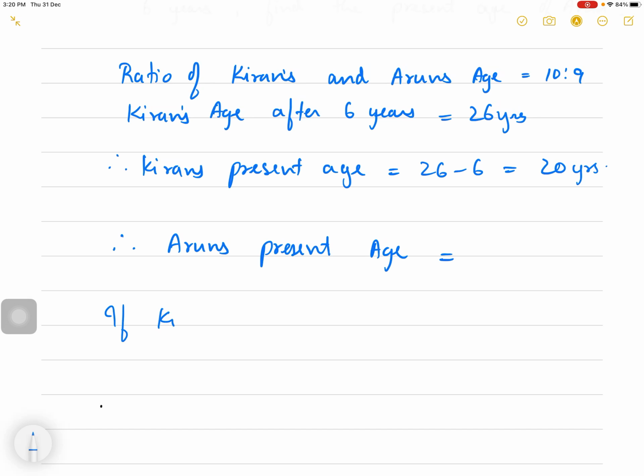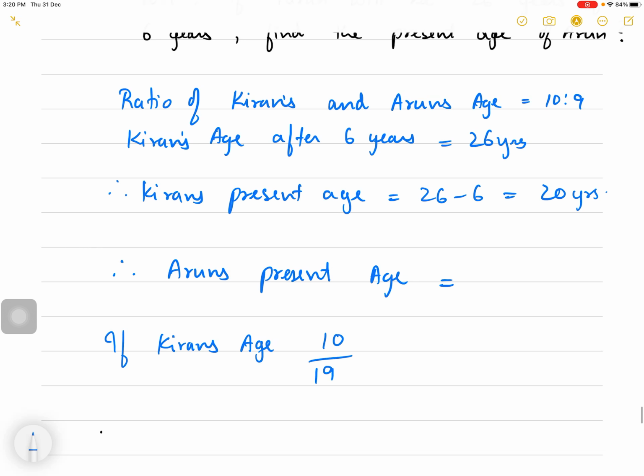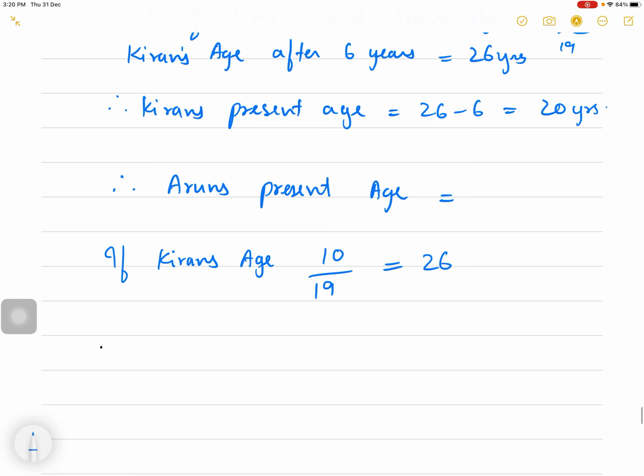Now, if Kiran's age is 10 by 19, the sum of the ratio being 19, which is equal to 26, then Arun's age will be 9 by 19 is equal to how much?